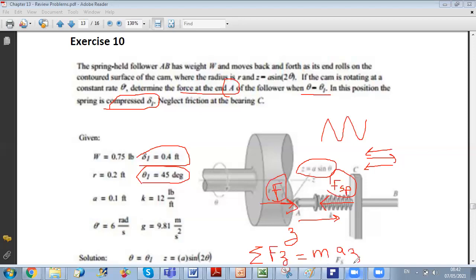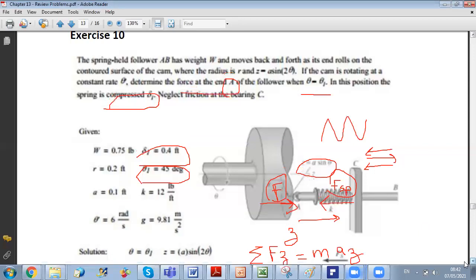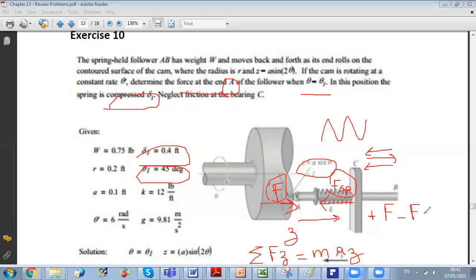Now, let us project on Z. We have plus F, to be determined, minus the spring force, F spring, equals the mass of the follower times AZ. But how to find AZ?